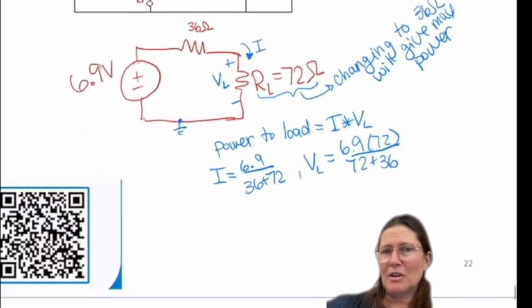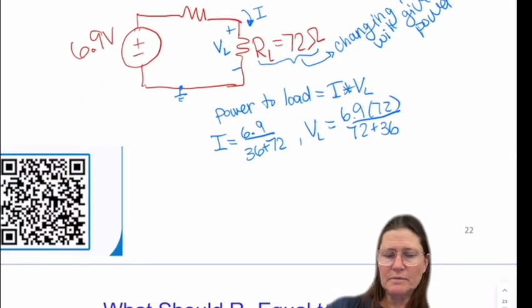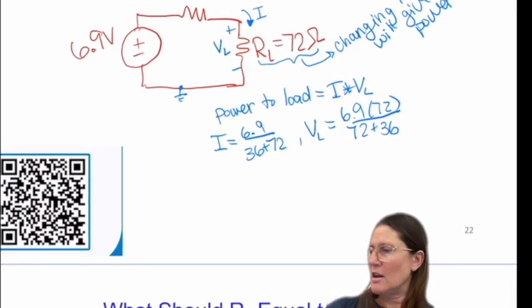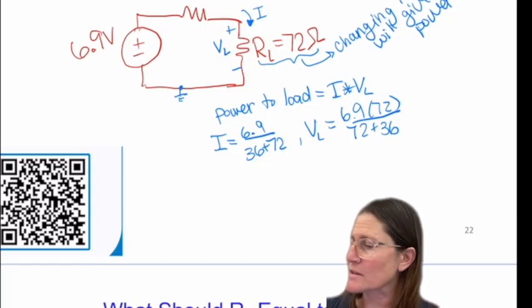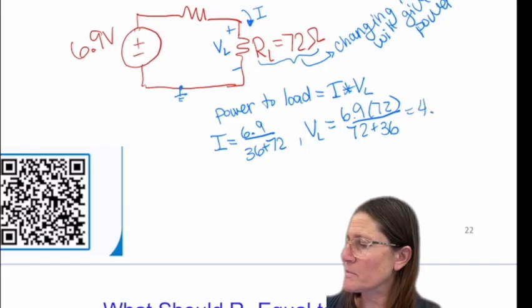So I'm going to quickly calculate this. 6.9 times 72 divided by 72 plus 36 gives me 4.6 volts.